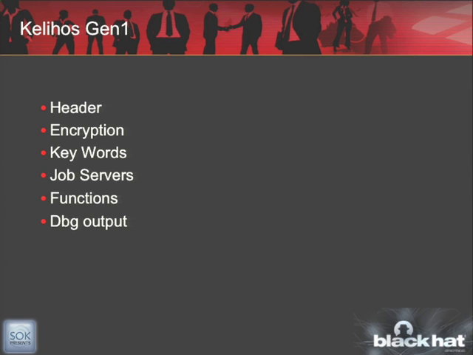And the job servers: the job servers are very important, but the malware author still wrote them in clear text in the data, both send and receive. So that's a critical drawback of the first generation of Kelihos.